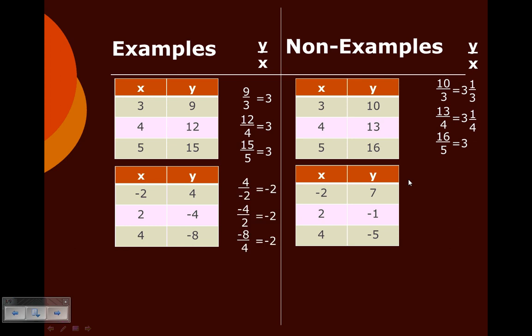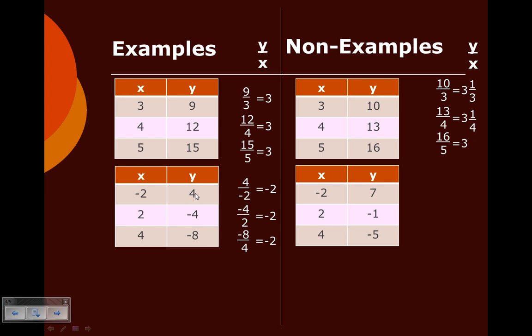And actually, what they're trying to say, instead of taking the deltas, if you just take this number over that one, and you get a whole number, then it's going to be proportional, if they're all the same. So without taking delta y over delta x, if you just take the y number divided by the x, you don't even have to do the delta y over delta x and find the equation.